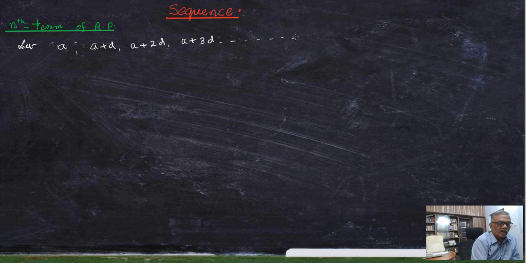That is, we are going to find out the nth term here. This is T1, the first term, second term, third term, and fourth term, and now this is the nth term, which we are going to find out. How to find it? By using the general form of the arithmetic progression.